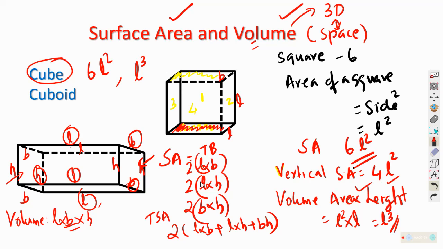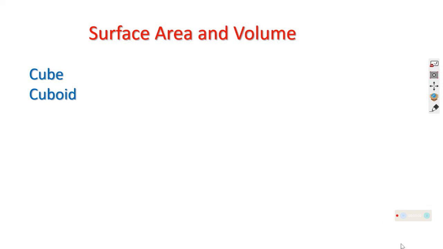Once again, one more figure you studied last year is the cylinder, which is very useful this year for understanding the volume and area of especially cone, sphere, hemisphere, etc. So let us move ahead. Let me rewrite here.